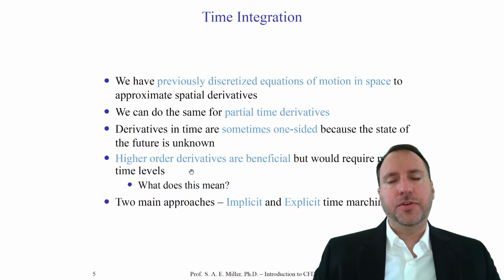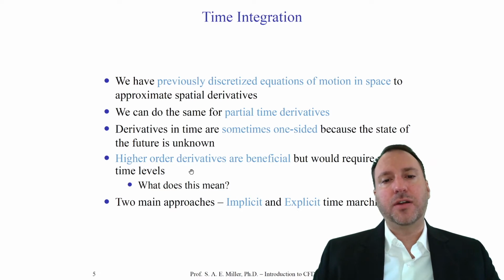Just like we showed in the finite difference approach, you might imagine it is also possible to calculate higher order derivatives by simply using higher order truncations of the Taylor expansions to form one-sided finite difference equations. Of course, this would require more time levels.